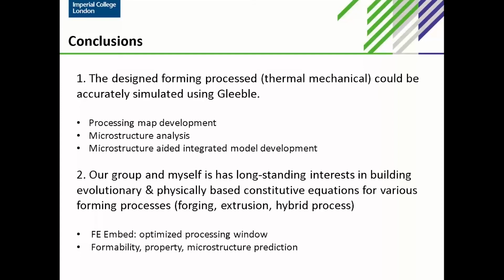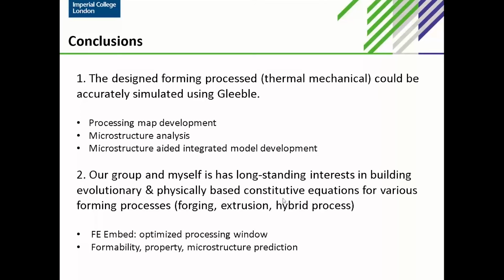After giving these three case studies, let's go to the final conclusion. Firstly, the designed thermomechanical process could be accurately simulated using Gleeble to help build the processing map, the microstructure analysis, and help build the microstructure-aided integrated model development.